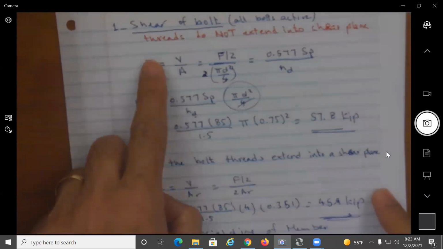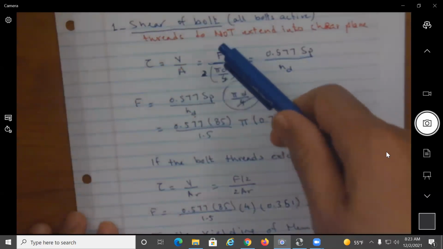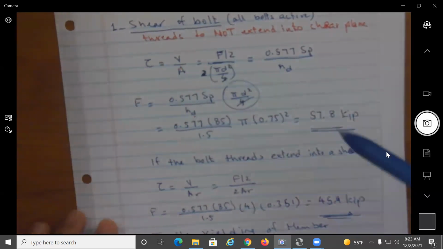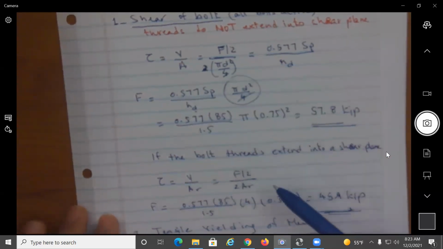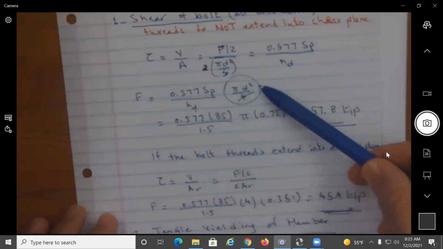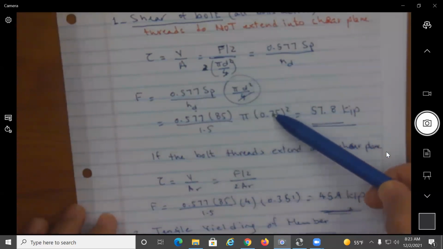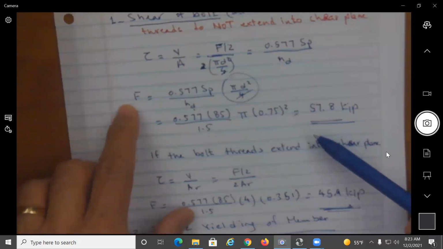We had tau equal to V over A, and this was a case of a double shear, so I had to use F over 2, and then it was going through 2 bolts. But the part I want to emphasize here is when I use the nominal area, which was 3/4 of an inch, the force that the connection was able to handle came out to be 57.8.